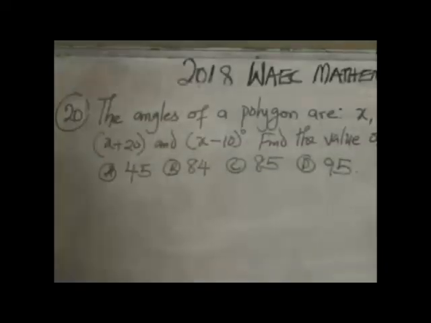Therefore, the value for angle QST is 95 degrees. So our correct option is option D. Are you getting it? Now let's move on to the next 2018 WAEC mathematics question.